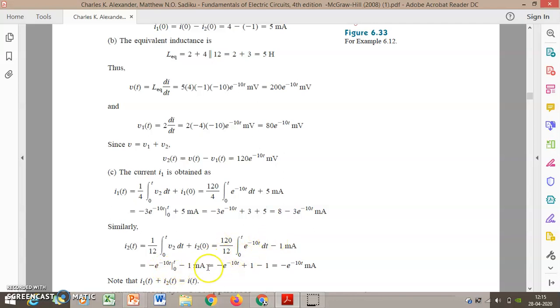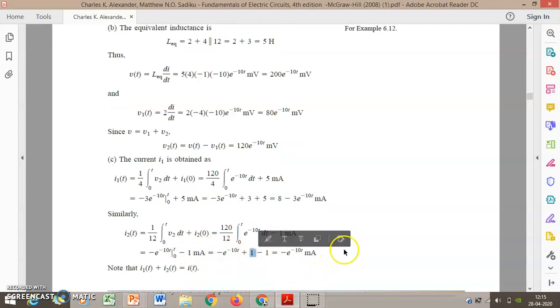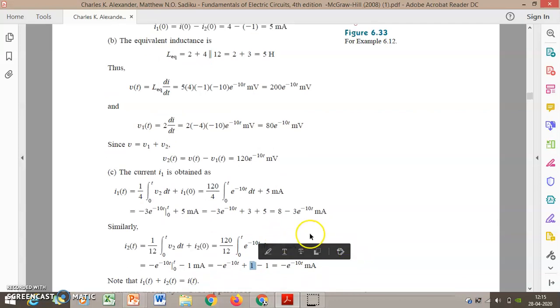So this 10 and this 10 will cancel. So it becomes minus e power minus 10t minus this 1 milliamp. This is the upper limit value, this is the lower limit value, and this is the third value. So the final answer will be like this. This is your first problem.